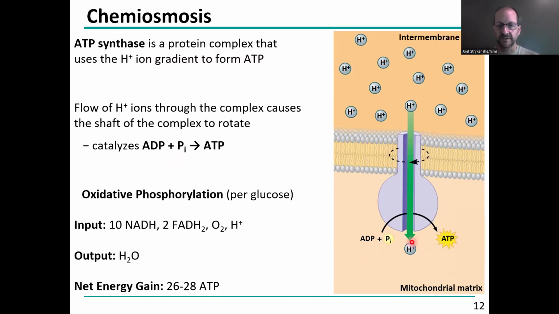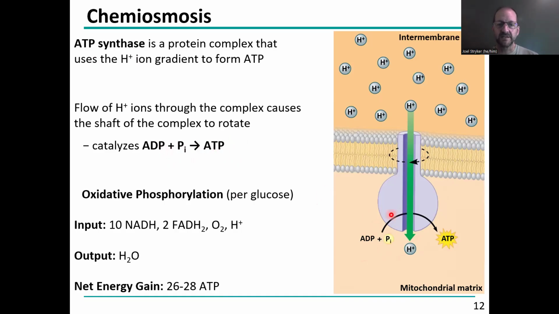The little subscript i means an inorganic phosphate, so it means it's just a phosphate floating around without any carbons attached to it. So it doesn't mean anything fancy. It just means a phosphate group. And that turns into ATP. So diphosphate plus a phosphate, you get a triphosphate.